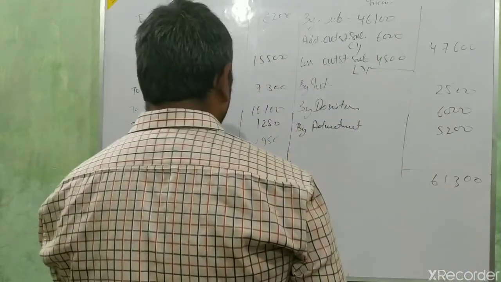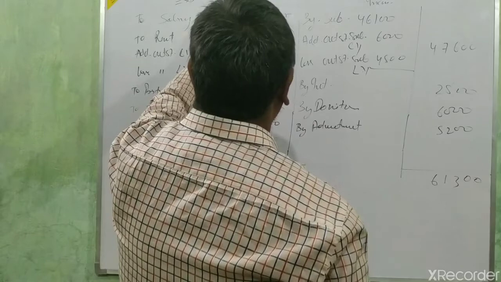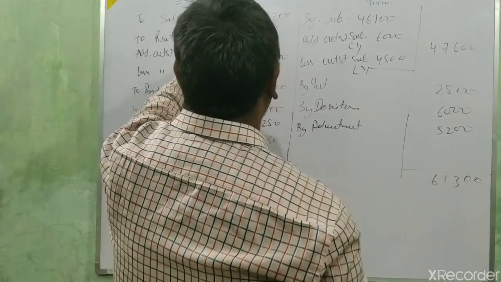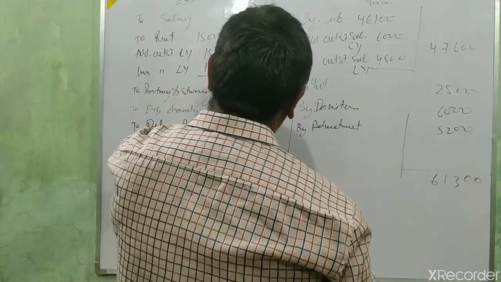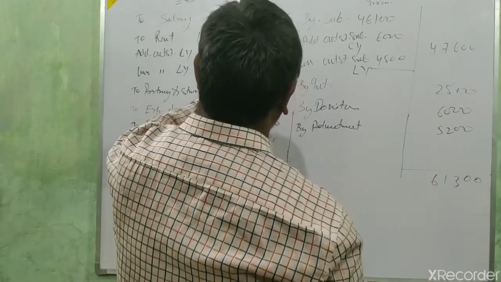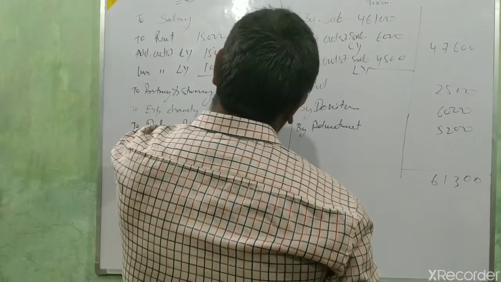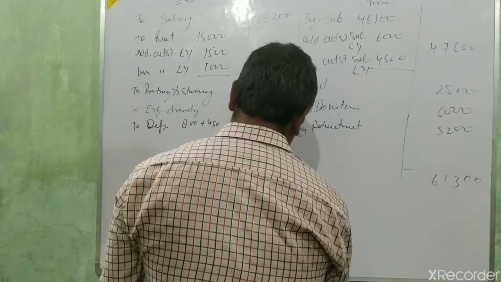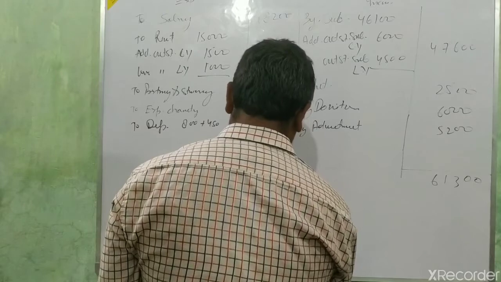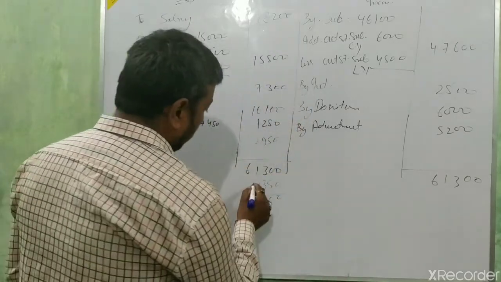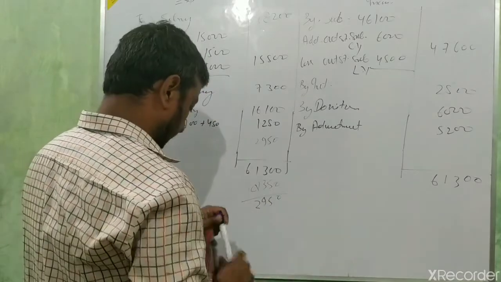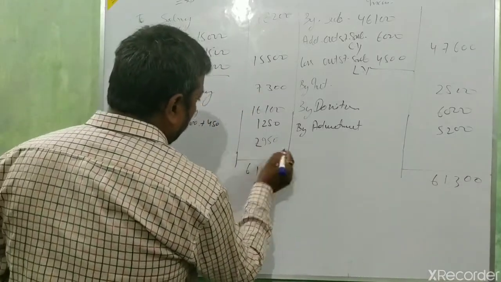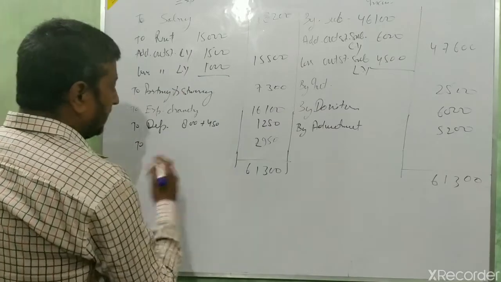2,950. Okay beta, because total of this: 10, 20, 30, 38, 43, 50, 56, 57, 58,100, 58,350, 59,502. The difference is the surplus.